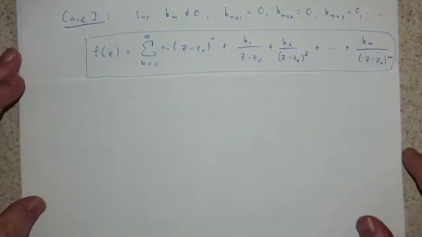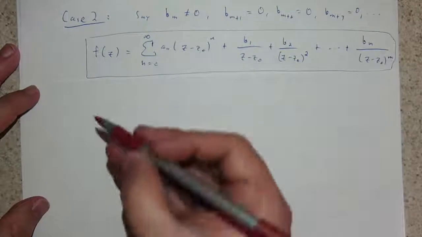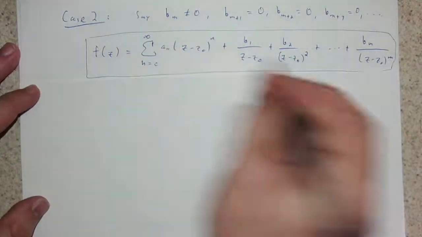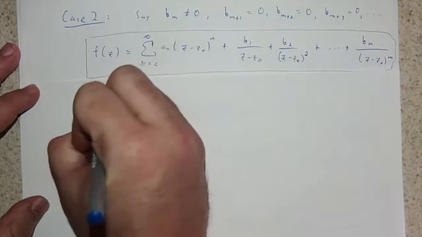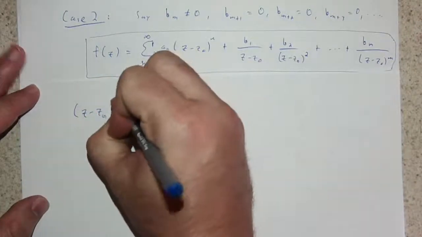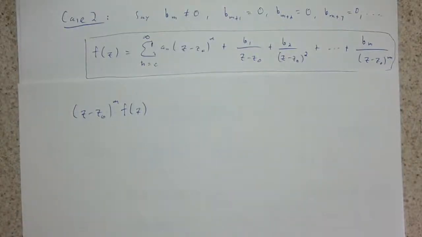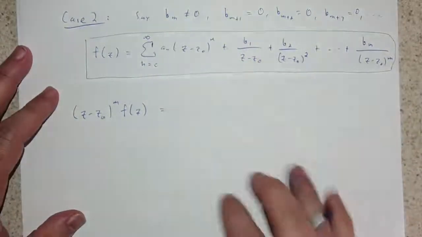then let me multiply this f by z minus z naught to the m. What happens?